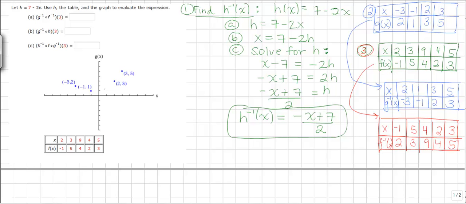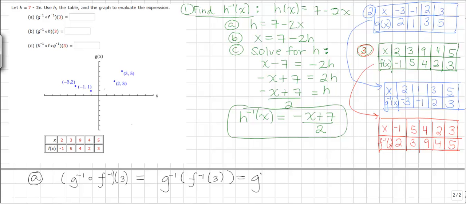Okay, so I'm taking a little time to do this just to show you one way you could think about it. Okay, now, in part A of your question, you're asked to find g inverse composed with f inverse of 3. Now I'll take my definition and I will think, okay, that means g inverse of f inverse of 3.